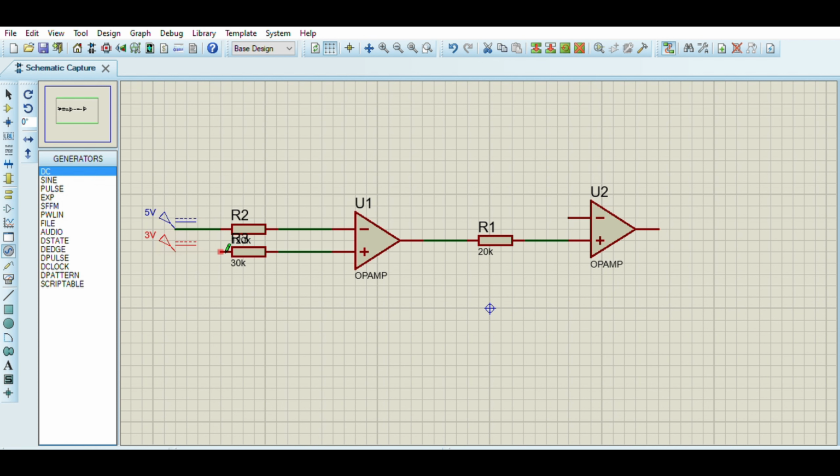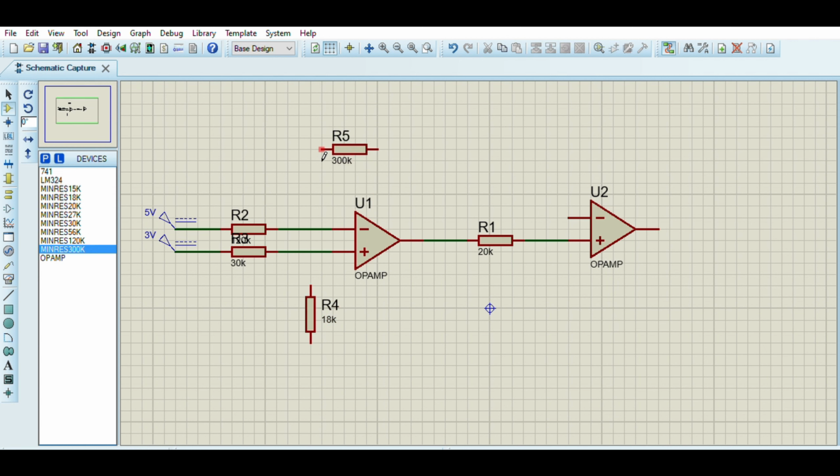So we must connect the DC generator to the resistor, and we need to place the 18k resistor at the bottom of the first op-amp and the 300k resistor at the top of the op-amp.